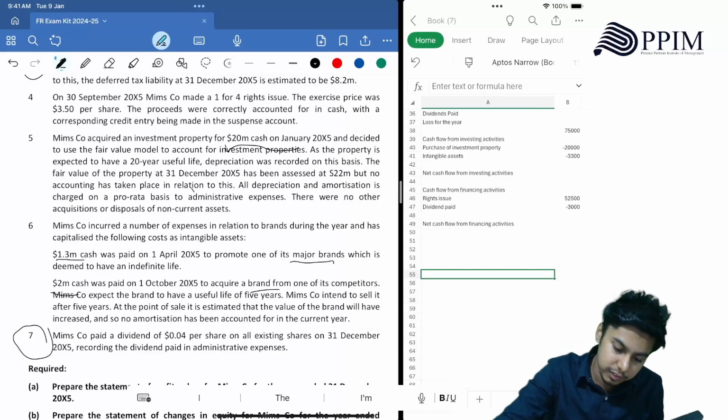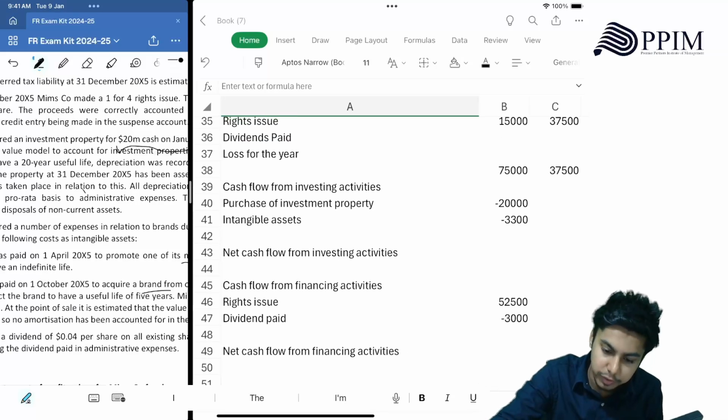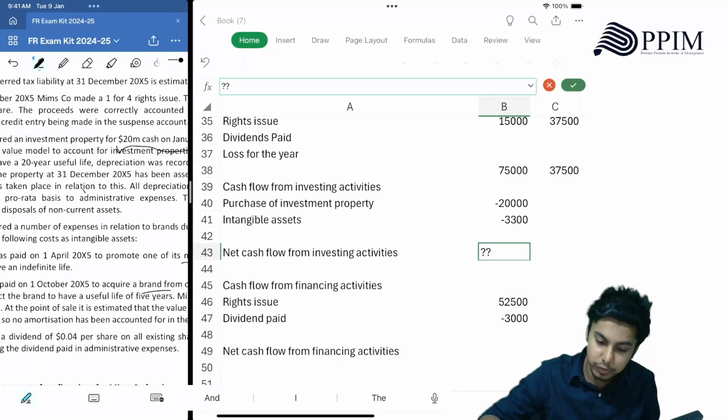Guys, with that, the full 20 marker, now we have finished. Right? Can you guys quickly just total these up and get your answers? That's it.